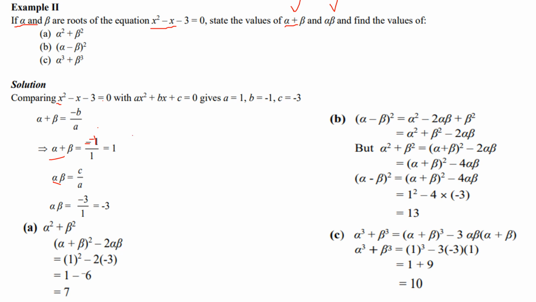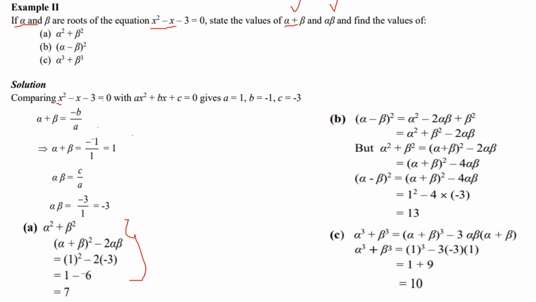If you look at part A, they have told you to express in terms of sum and product the value of alpha squared plus beta squared. Now we gave that expansion. Always what you should aim at when you are solving these equations is to make sure that your work is in terms of alpha plus beta and alpha beta. Once you get that, don't proceed.